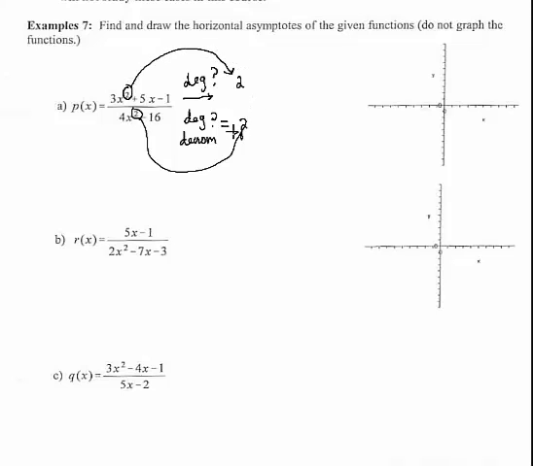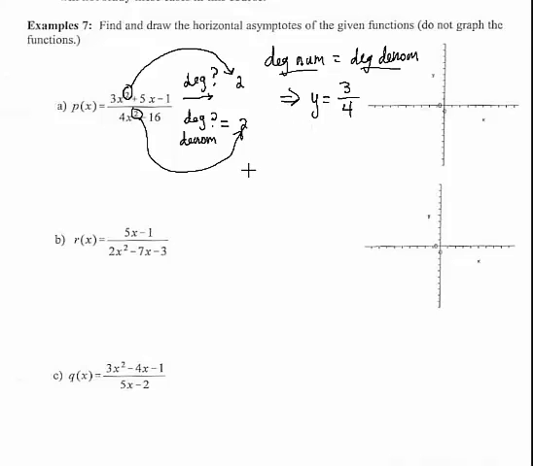Well, how do they compare? The degree of the numerator equals the degree of the denominator. This falls into the second category. In other words, this tells us that y, the location of our horizontal asymptote, equals the leading coefficients of the numerator divided by the denominator.